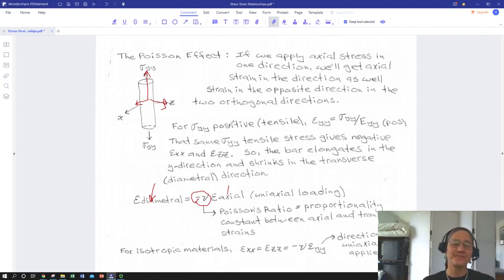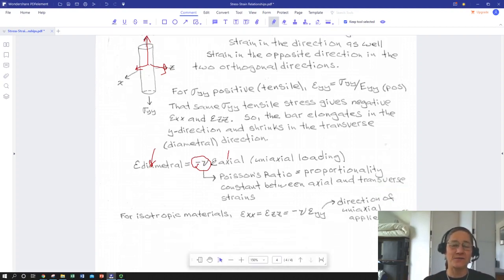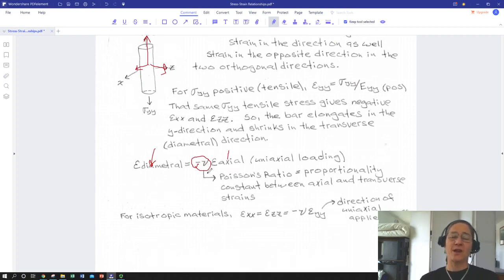this would be EZZ or EXX, which if it's a cylinder and it's isotropic are going to be the same. So as it turns out, if Poisson's ratio is 1/2, that corresponds to the behavior of a fluid. And we'll find that if you look as you do exercises and you look up in a handbook of material properties, or you're given material properties to use to do some problems, you'll find that a lot of rubbers and other elastomeric materials.